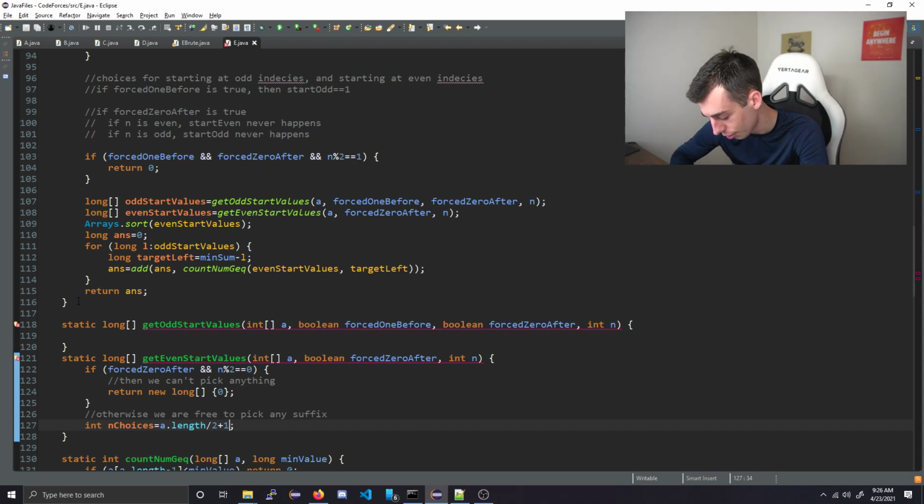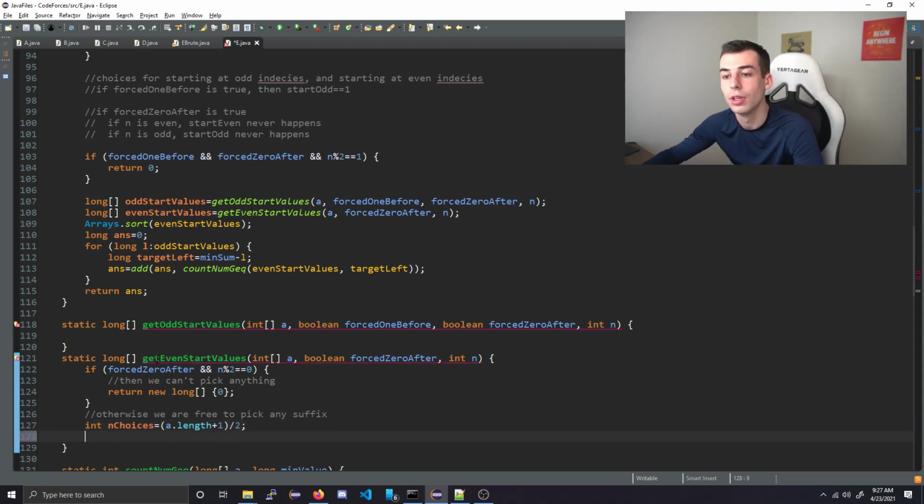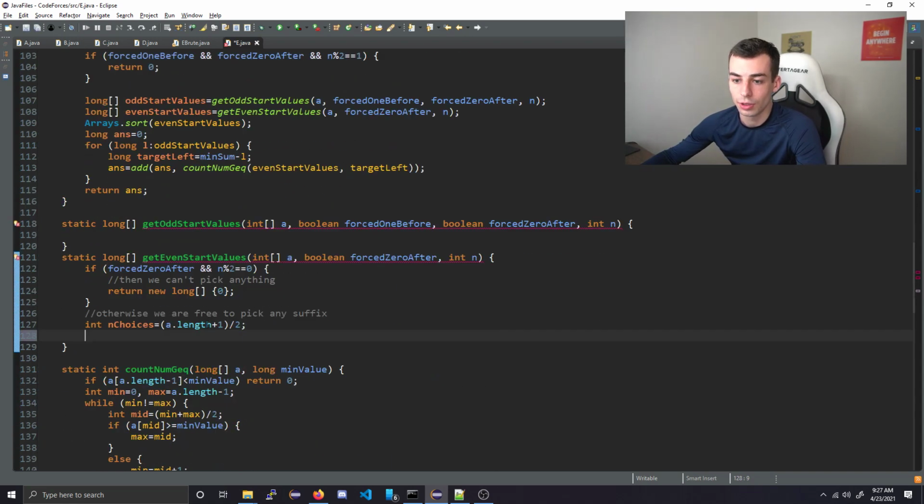If it's 2 long, you can include 0 or 2 things. So length plus 1 over 2. Okay. Arrays gives me 1 choices.